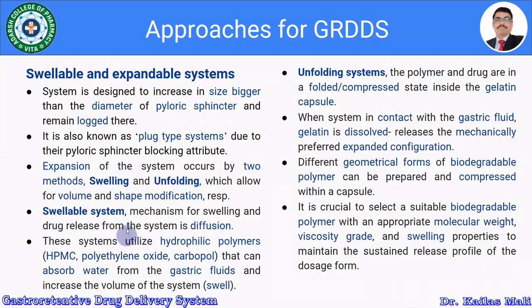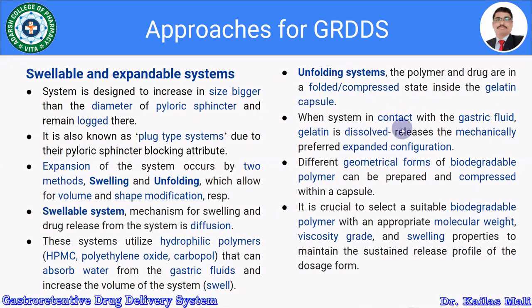So here in the case of a swellable system, generally we are using hydrophilic polymers which are going to swell in the presence of the gastric fluid and increase the volume, like HPMC, polyethylene oxide, carbopol, and there are so many other natural polymers which are going to swell in the presence of the gastric fluid. In the case of an unfolding system, the polymer and drug are in a folded or compressed state inside the gelatin capsule.